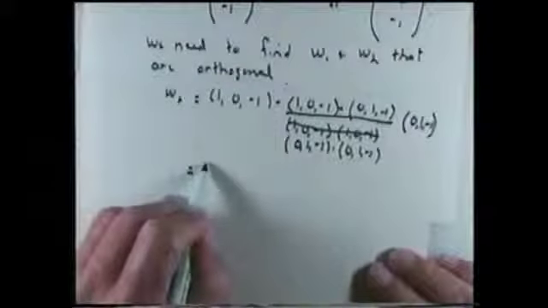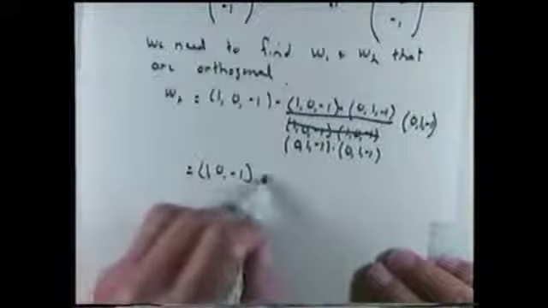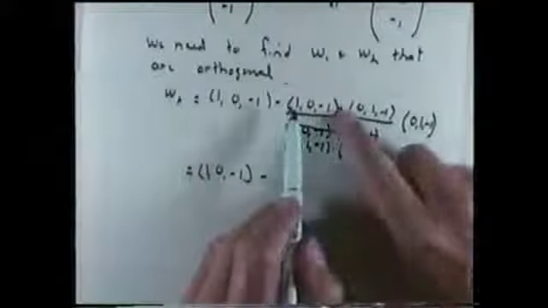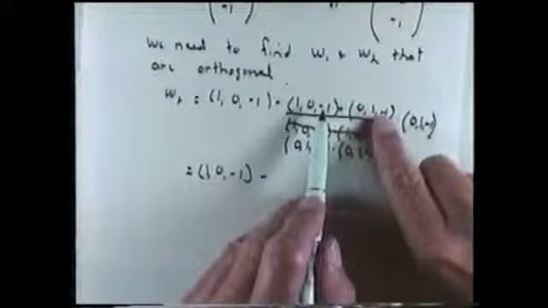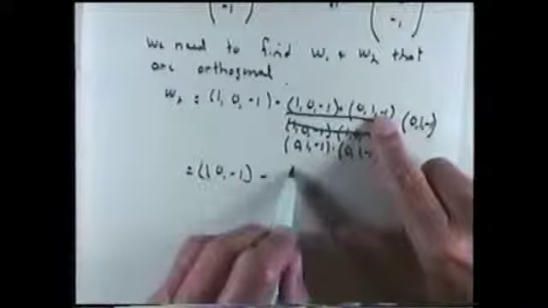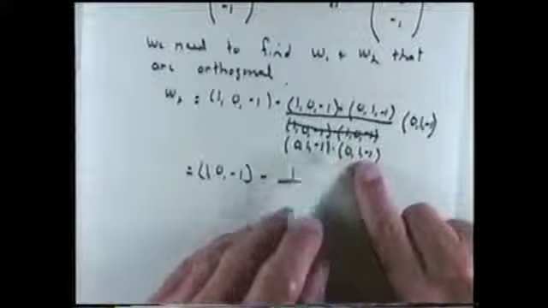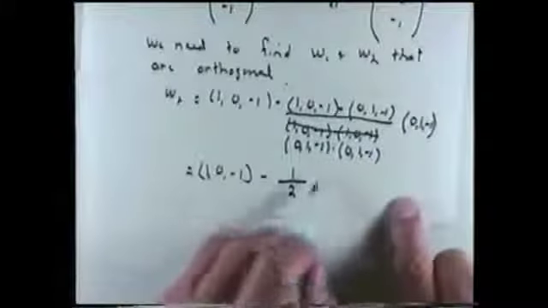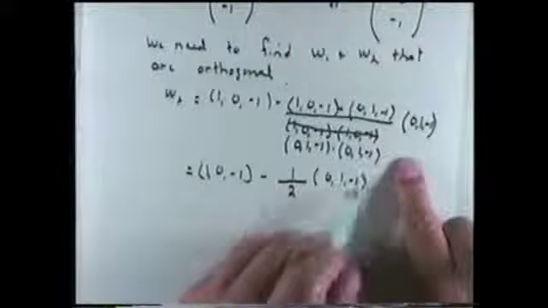So it's going to equal (1, 0, -1) minus, okay, the dot product here: 1 times 0 is 0, 0 times 1 is 0, and -1 times -1 is +1, over 0 plus 1 plus 1, which is 2, times (0, 1, -1).